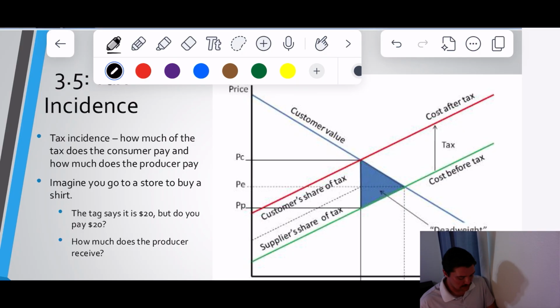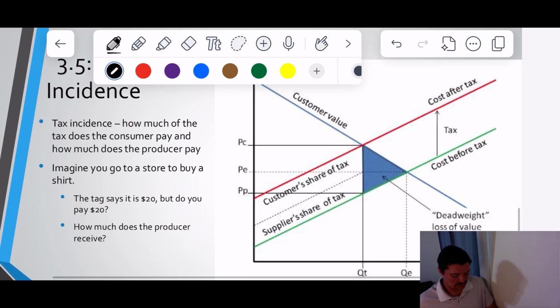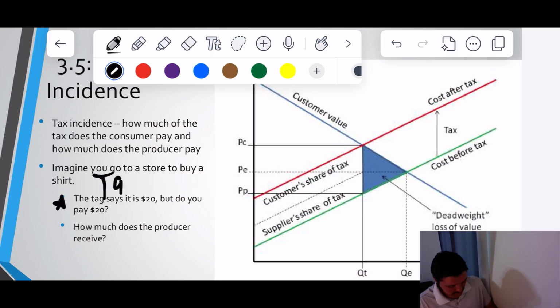So imagine you go to a store and you see that a t-shirt, the tag says $20 on it, but do you actually pay $20? No, you pay $20 plus tax, right? So in this example, how much does the producer actually receive? Let's say the tax is $5.